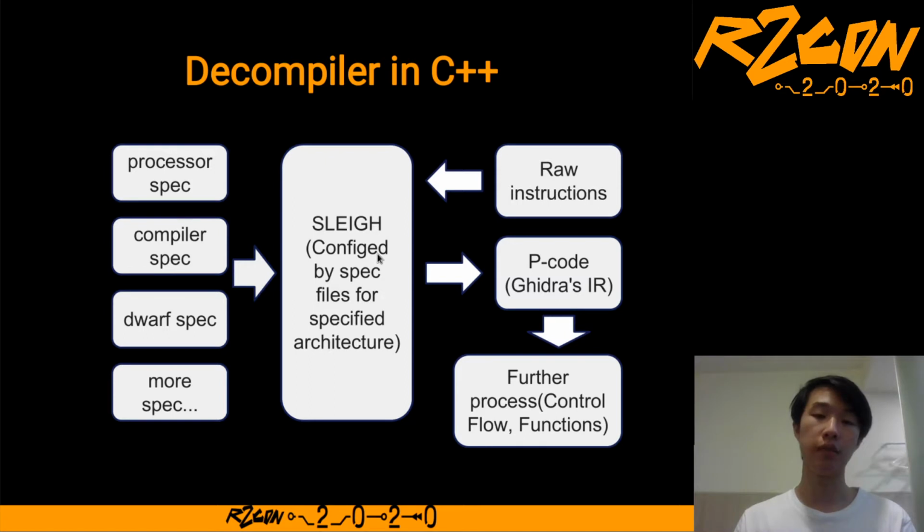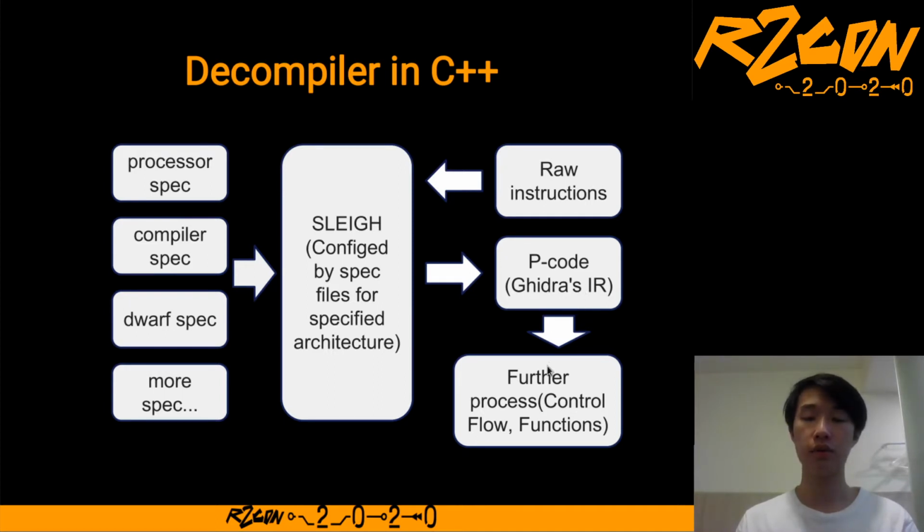When loading the binary file, the SLEIGH engine will read in these specs and be ready to parse the raw instructions read from the binary. The SLEIGH engine will then use those rules to translate the raw instruction into P-code. And P-code is Ghidra's intermediate representation, also known as IR.